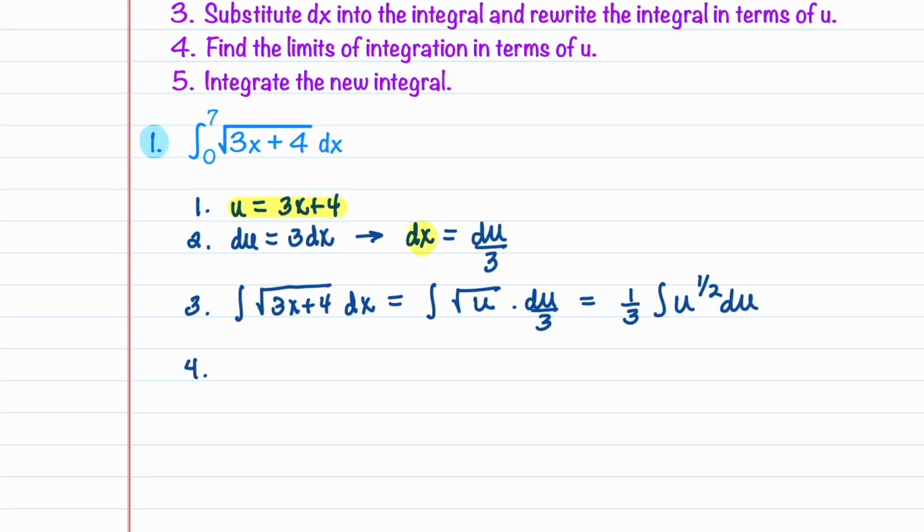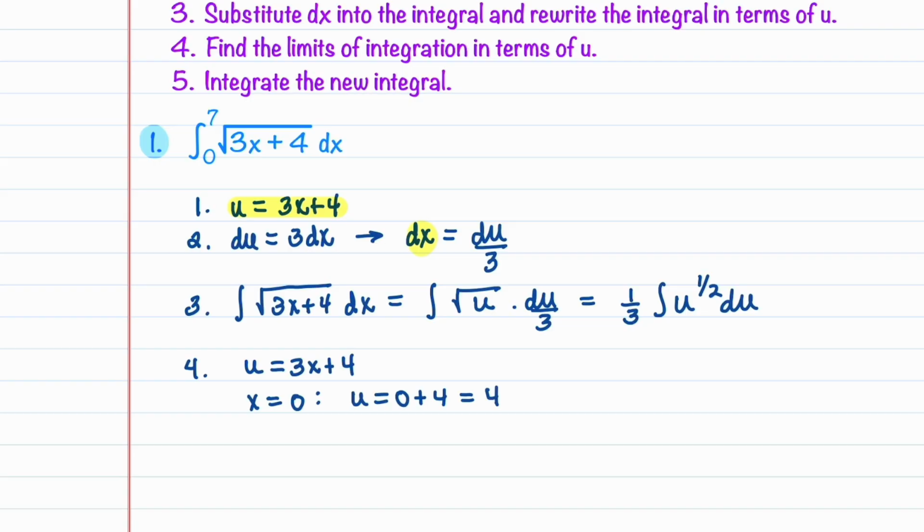Our fourth step is to find the limits of integration in terms of u. So let's write down again what u is. U is 3x plus 4. Our original limit of integration started with x is equal to 0. If we substitute that into our expression for u, we get that u is equal to 0 plus 4, which is 4.